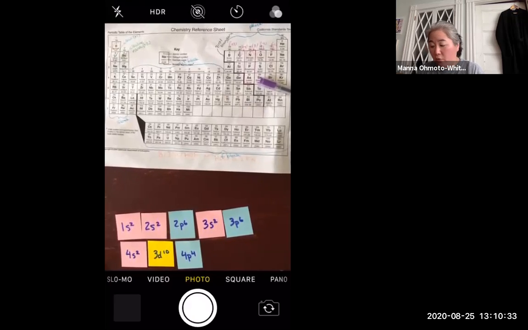So the shorthand form dictates that I look in the row above, and I look at the argon, the noble gas that's there, that's argon, and I look at the electron configuration of that, and that's this right here.